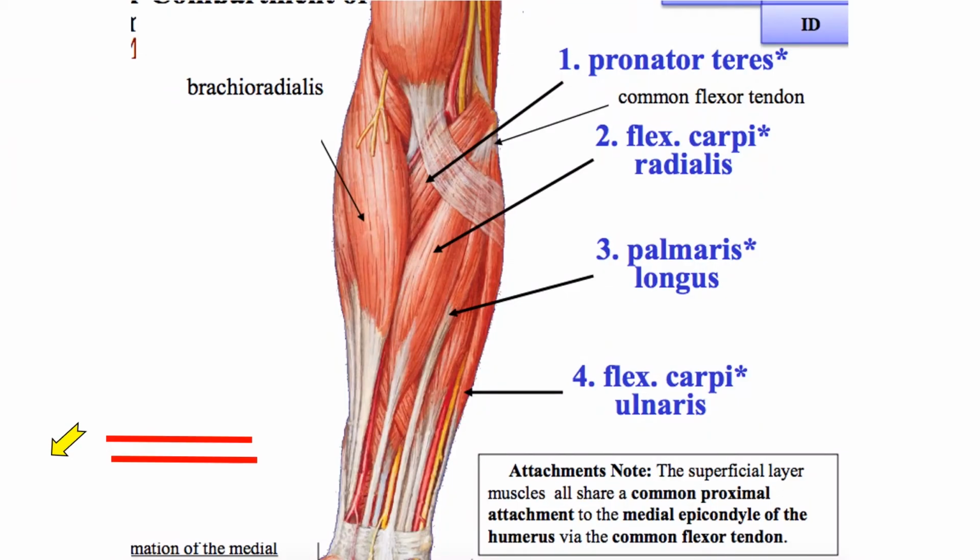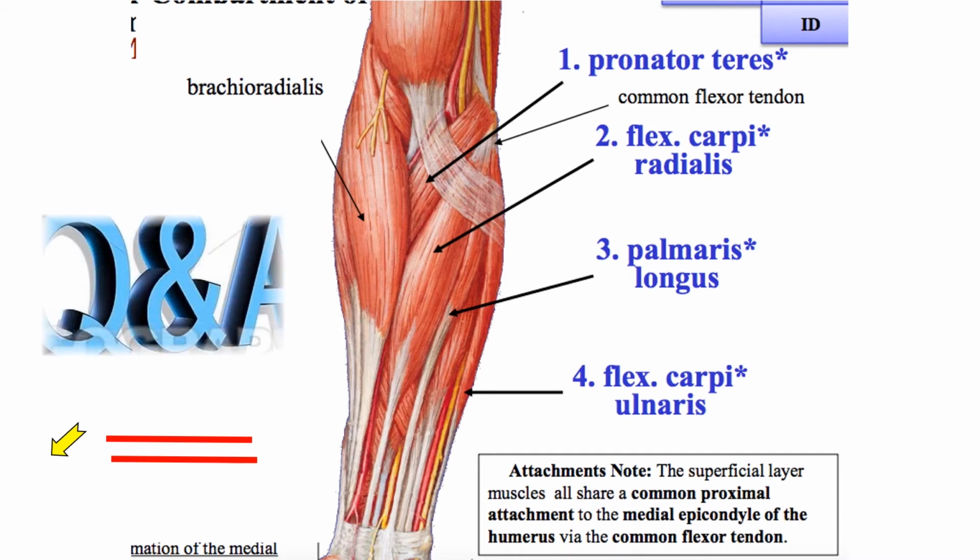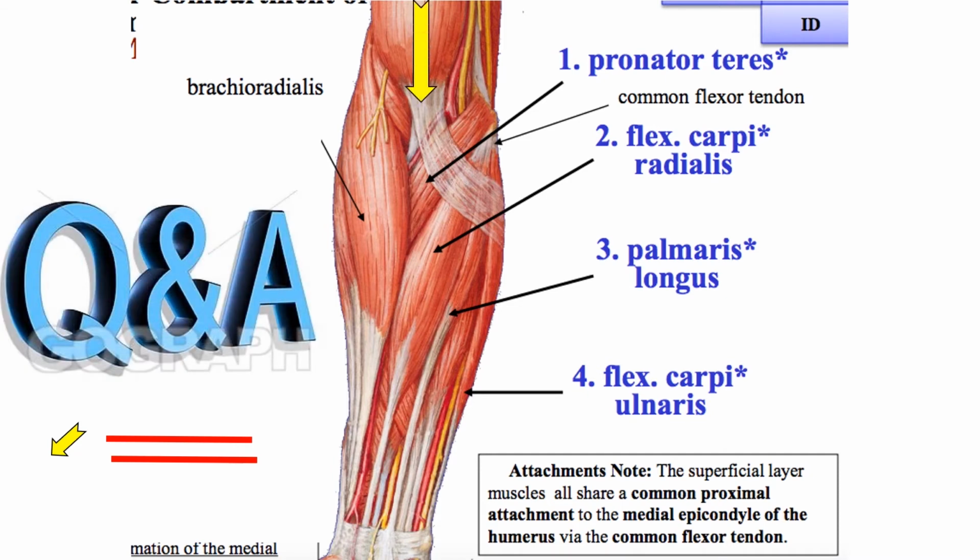Again, this is an anterior view of the forearm, and let us ask ourselves a few questions. What is this structure? It is the biceps tendon. The lateral muscle to the biceps tendon is brachioradialis, and then we go medial to the brachioradialis and biceps tendon, and this muscle here that makes a V shape with the brachioradialis, with the biceps tendon in the middle, is pronator teres.